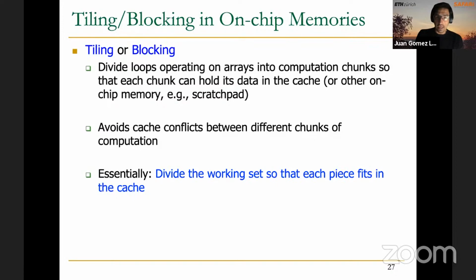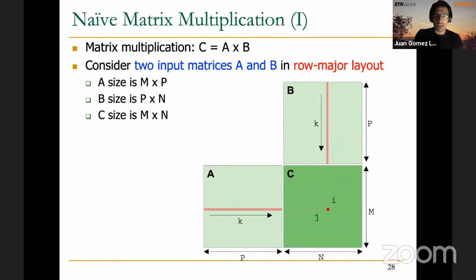So the idea of tiling and blocking is dividing the working set into pieces that fit the on-chip memory space, one cache or one scratchpad, as I said. And first of all, I want to show you one example for CPUs, but in the end, as you will see in later slides, it's all very similar in GPUs as well. This is the example for a CPU, a matrix multiplication.